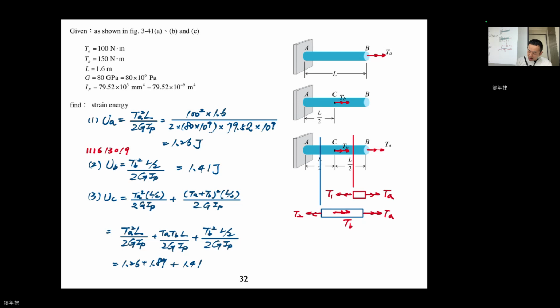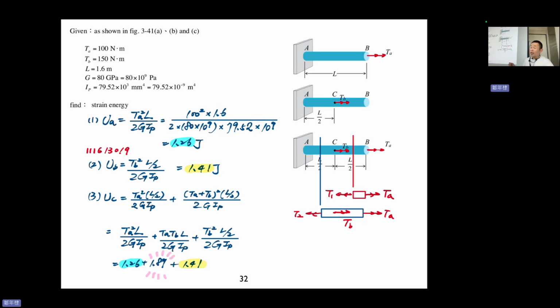Let's take a look. Yellow, 1.41, and blue, 1.26. And 1.09 is actually an additional term.